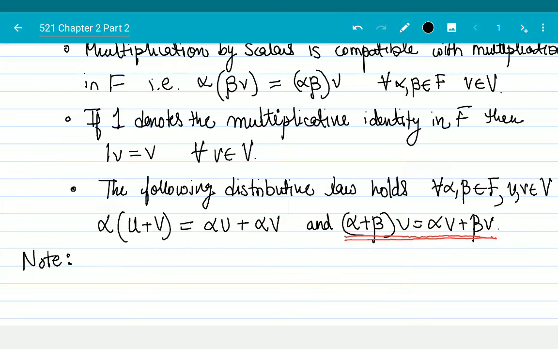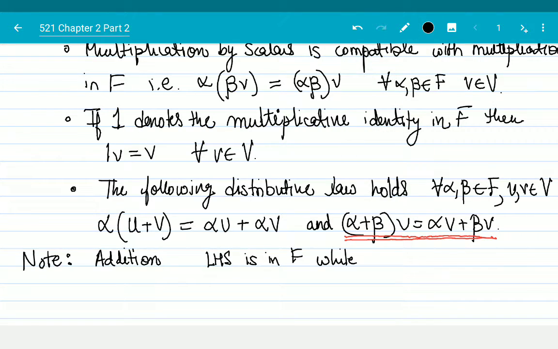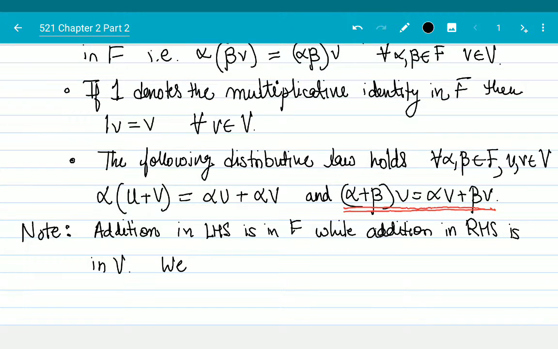This is because the addition on the left-hand side is in F, while addition on the right-hand side is in V. We are abusing notation by denoting both of them by the same symbol.